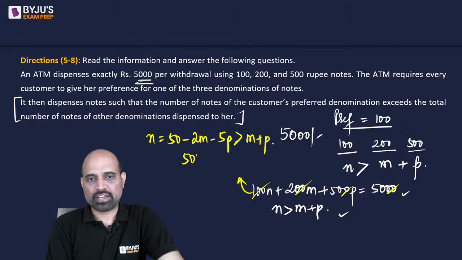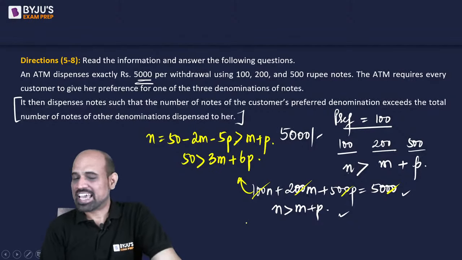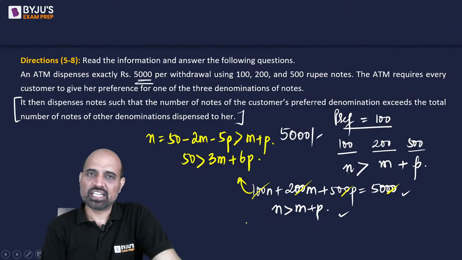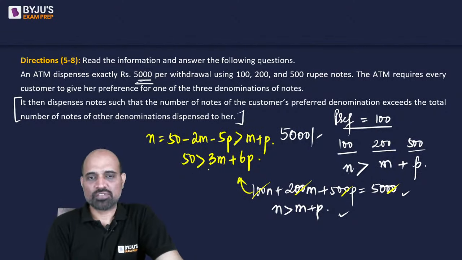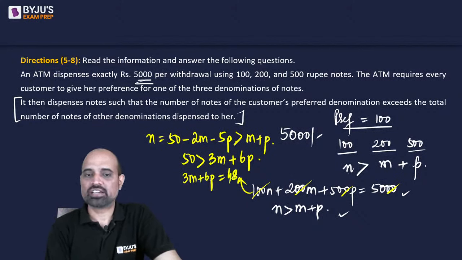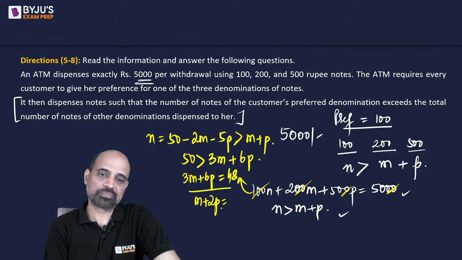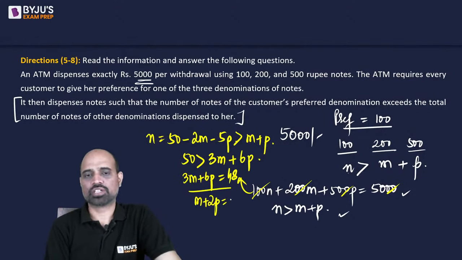If we rearrange, we should have 3m plus 6p less than 50. Since m and p are integral values, can we say that 3m plus 6p can be a maximum of 48? In the table of 3, 48 is the only such number, right? So m plus 2p, removing the 3, is going to be 16.